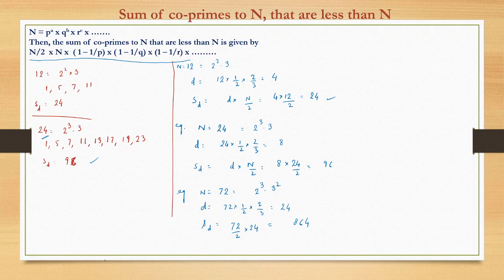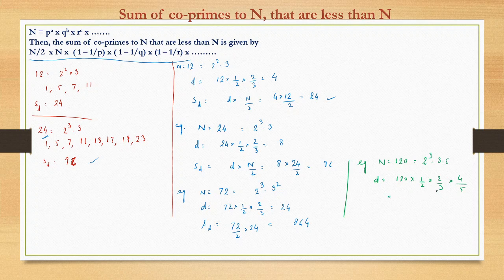Now if we have to find for another, say 120, which we had calculated in a previous example. If the number is 120 and it is asked to find the number of numbers which are less than n and co-prime to n, we can write this as 2 cube into 3 into 5. So d will be nothing but 120 into half into 2 by 3 into 4 by 5.